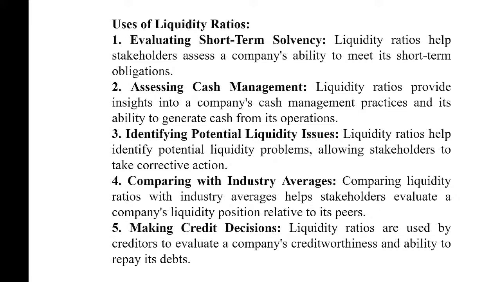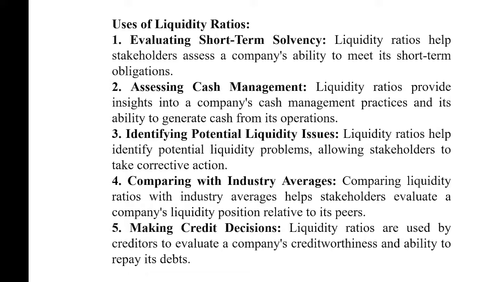Liquidity ratios are used by creditors to evaluate a company's credit worthiness and ability to repay its debts. While the outsiders or suppliers will evaluate the liquidity ratio of a company to know whether they should give them credit or not, the company itself also will look at its liquidity ratio to know whether it should give credit or not.